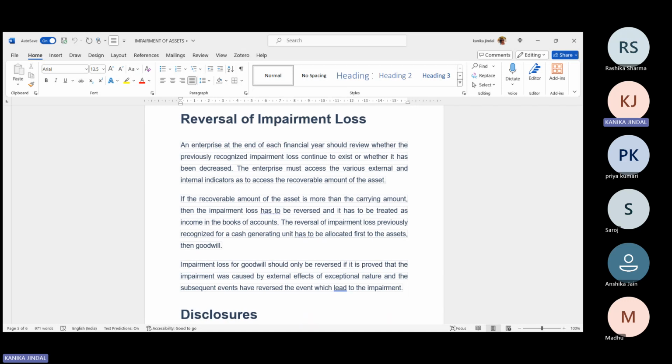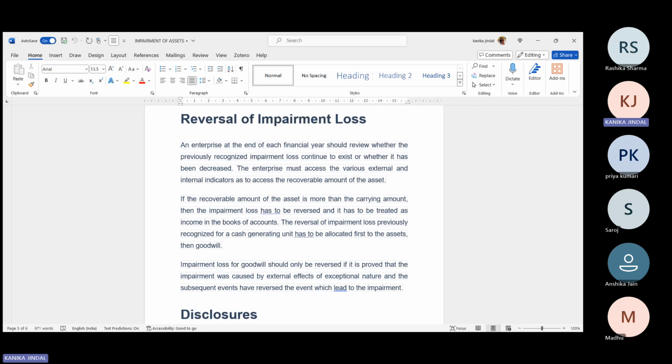If the recoverable amount of the asset is more than the carrying amount, then the impairment loss has to be reversed and it has to be treated as income in the books of account. When the recoverable amount is more than the carrying amount, the market value of an asset is more than the book value.